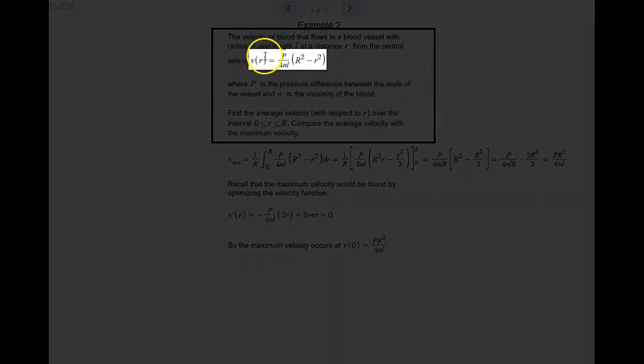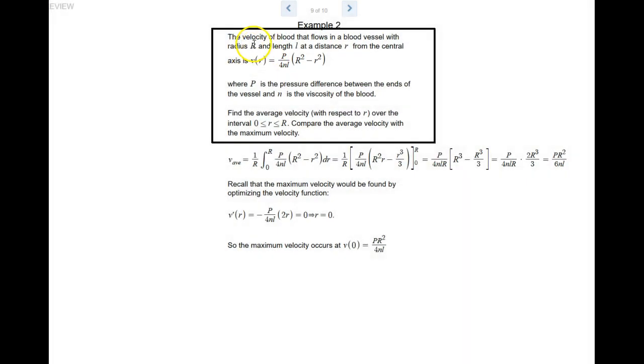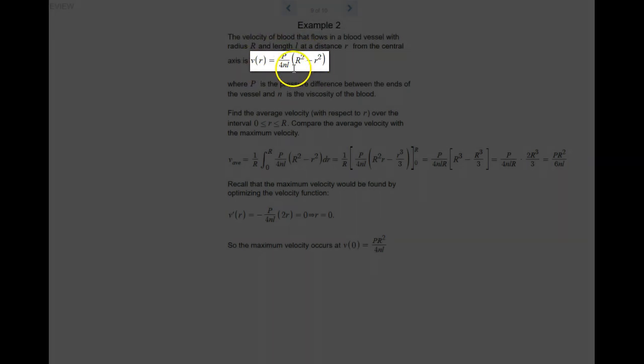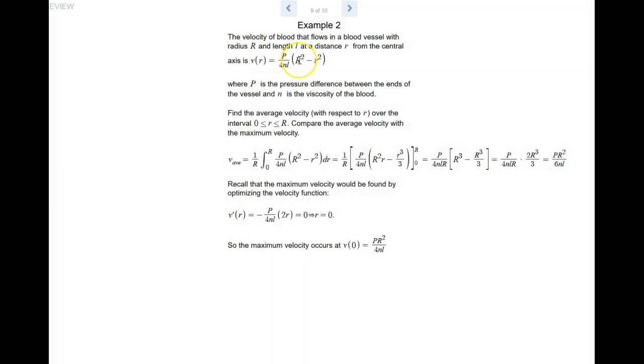So the velocity in a blood vessel with radius capital R and length L, at a distance little r from the central axis, is given by this formula. In other words, the blood vessel is capital R units in radius, but the blood that's rushing through it is small r units away from its center.